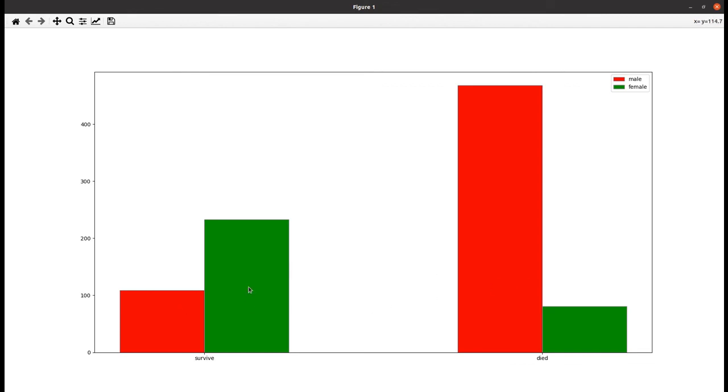So there is a big gap here, and if you see this graph, it's really clear that gender really affects your survivability in the Titanic.